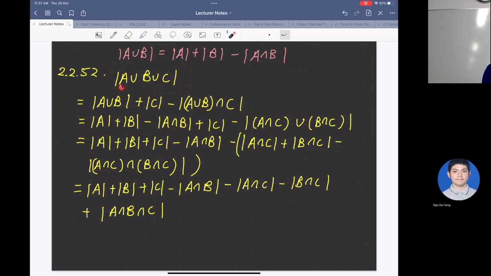By realizing this union is another set, you can apply it to these two sets here, A union B, and C. Or if you want to pick A union B, union C, you also can. Why? Because the union is associative. So whether you do left associative or right associative, it is the same.